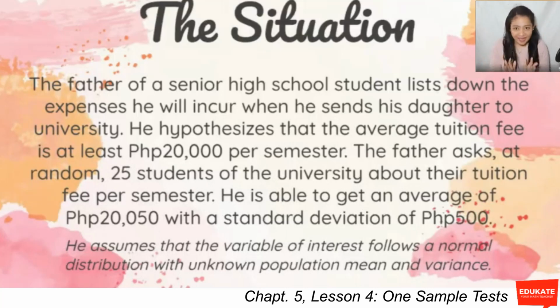The father asks at random 25 students of the university about their tuition per semester. He is able to get an average of 20,050 pesos with a standard deviation of 500 pesos. He assumes that the variable of interest follows a normal distribution with a known population mean and variance.